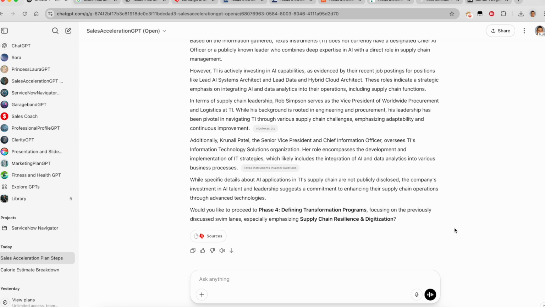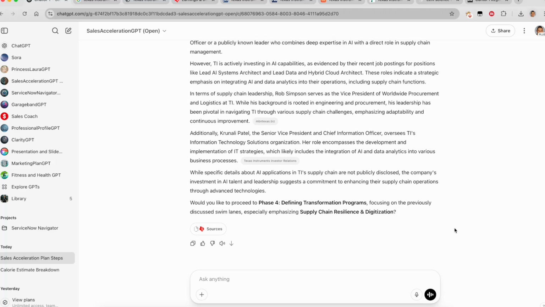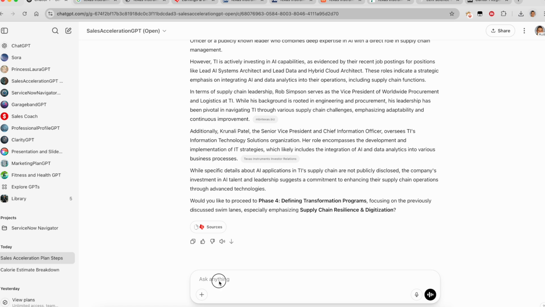What's interesting is that there's no chief AI officer, no strategic AI initiatives globally, probably just locally for manufacturing, or I don't know, but also not for supply chain. But manufacturing is too obvious. So let's take a look if we can get more information on those two very interesting people.